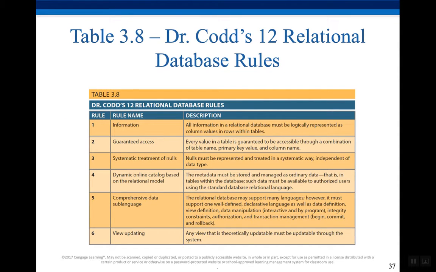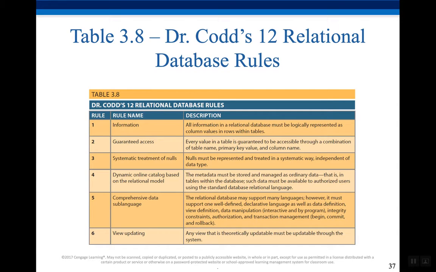So just to wrap up here, this is Dr. Codd. When he put this together, he created 12 relational database rules. This is the foundation. He's the gentleman who did the translation of relational algebra into a database form, to be able to use it in a database.